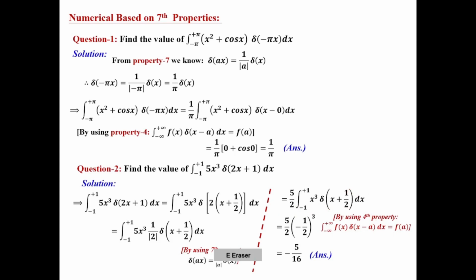This integral value will be minus 1 by 2 whole cube. So here minus 1 to the power 3 is itself minus 1, the numerator is 5, and the denominator is 2 to the power 4, meaning 16. The answer will be minus 5 by 16.